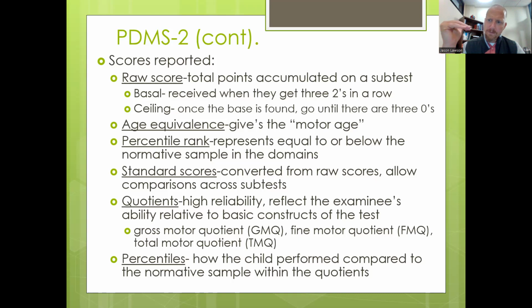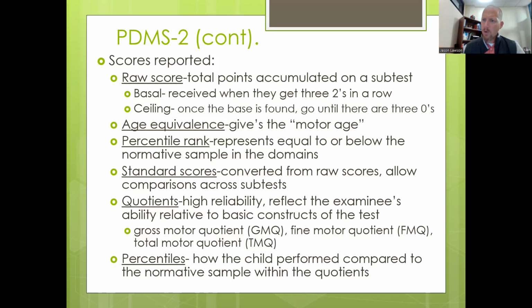So when we achieve full points with 3 items in a row, that typically means that everything before that, they should be able to complete. Again, it's based on a developmental sort of trajectory. Once we receive those 3 2s in a row, then we move forward until we get 3 0s in a row. When we get 3 0s, that means that we're able to stop our assessment tool.